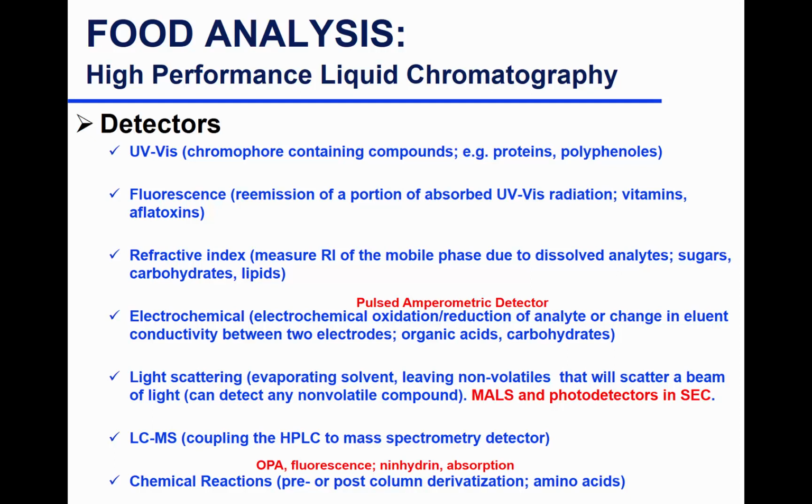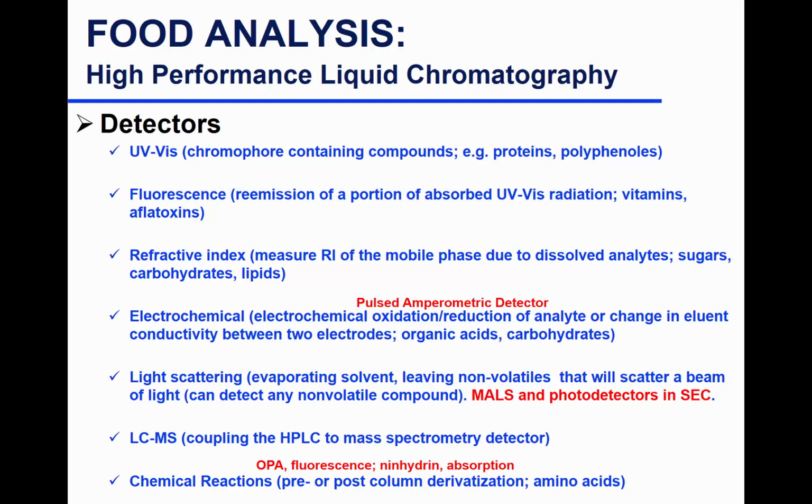This detector is combined with molecules that are naturally charged, like amino acids, for example, organic acids. You can make carbohydrates charged. We can talk about that when we cover carbohydrate analysis, by changing the pH. Carbohydrates, for example, are very weak acids.